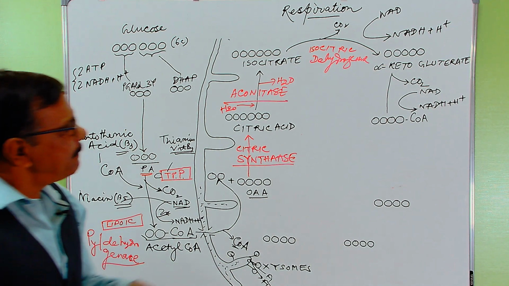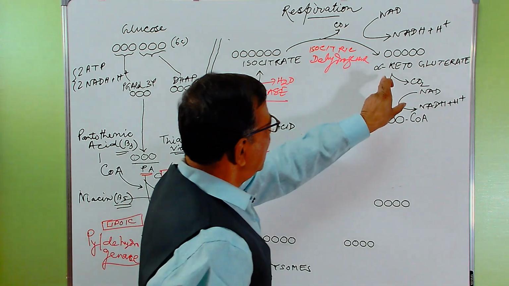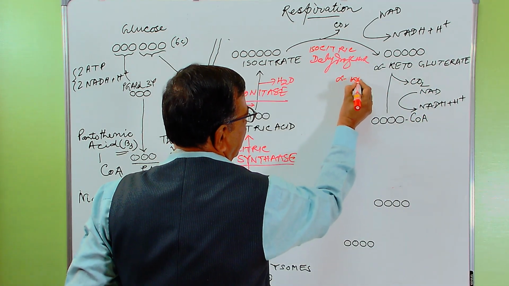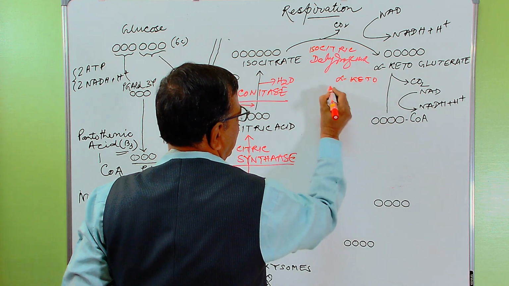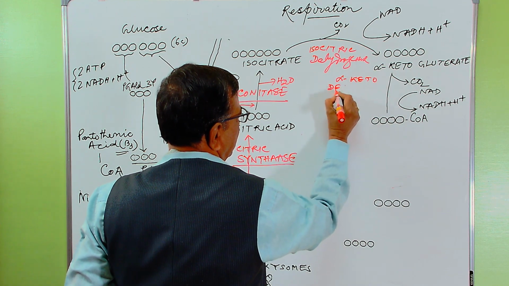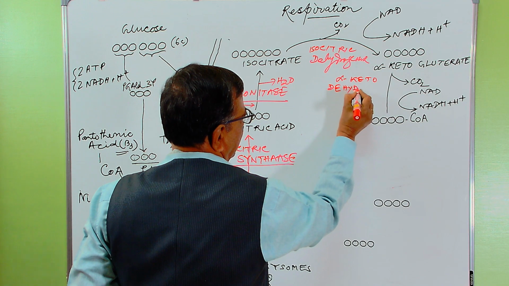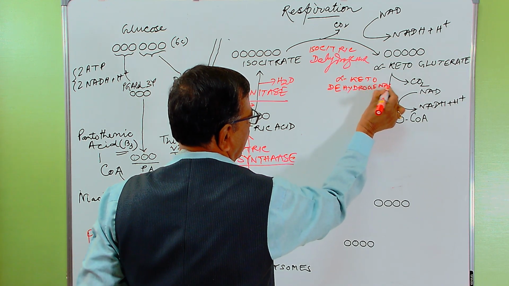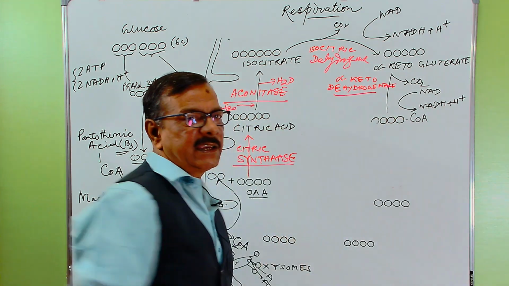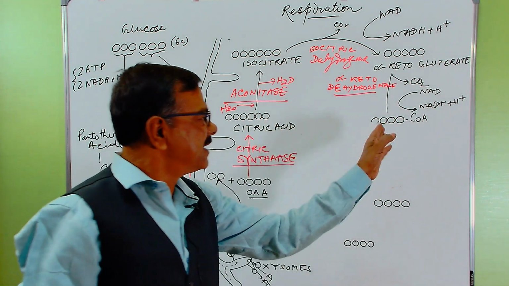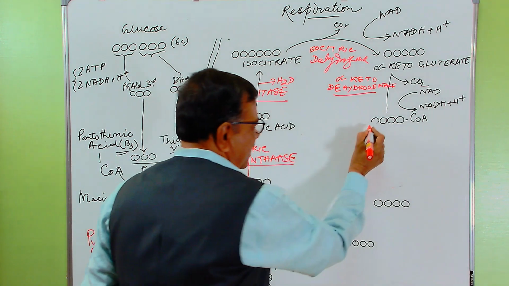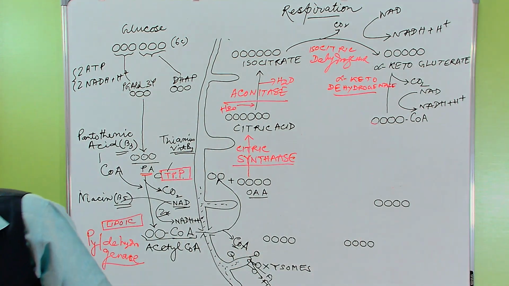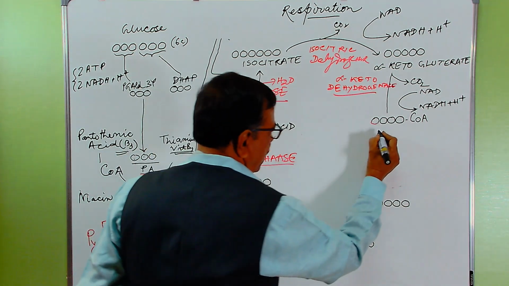So the enzyme is named alpha keto glutarate dehydrogenase. This enzyme converts this into succinyl coenzyme A.